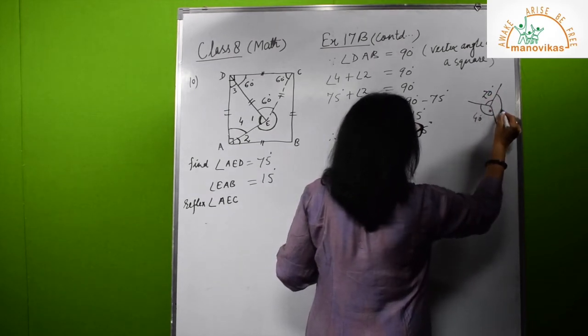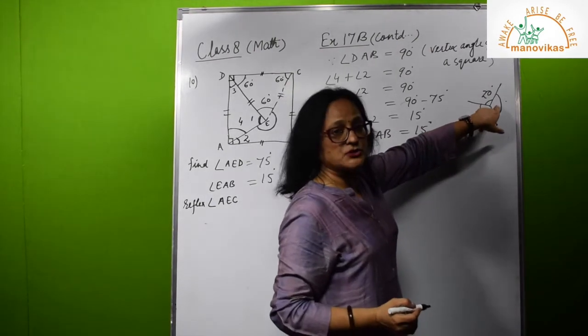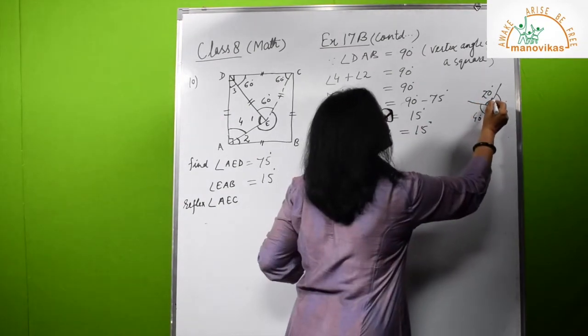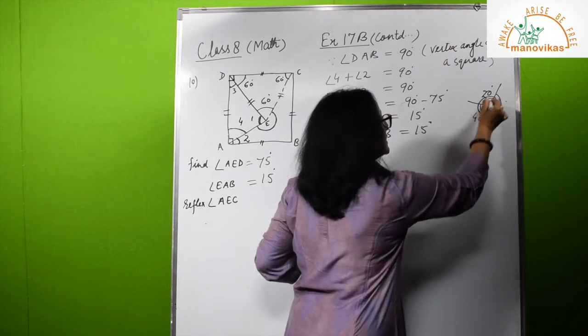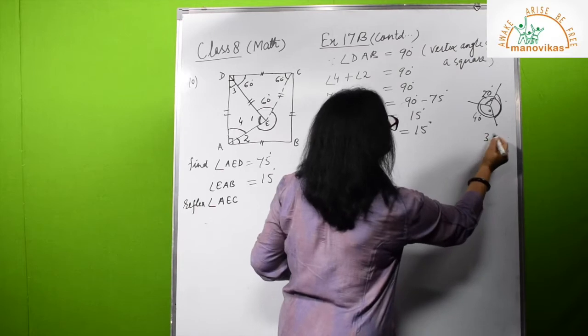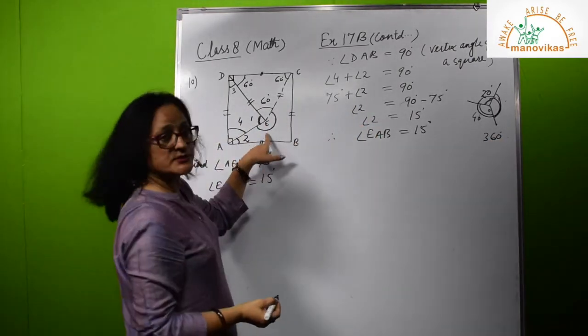You have to find the measure of this angle. Do you know what is the measure of this angle? Here, if we add all these three, we will get a circle, meaning a complete angle. And a complete angle measures 360 degrees. So this property we will use here.